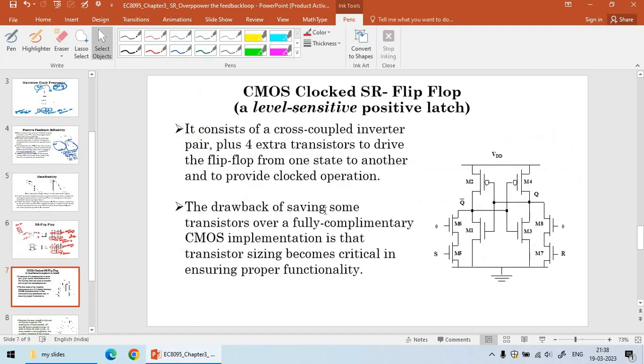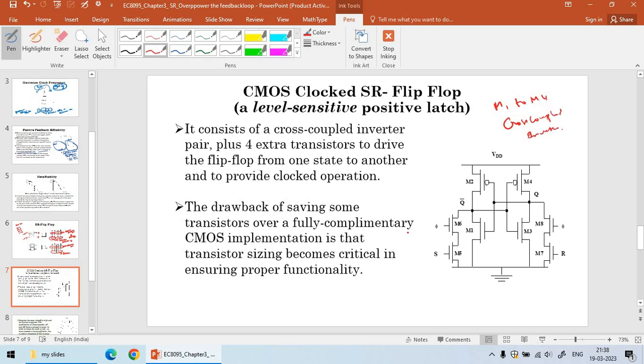Next, we are going to take the SR flip-flop. When you look at this circuit, it contains 4 transistors forming inverters: M1 to M4. They are nothing but the cross coupled inverter.